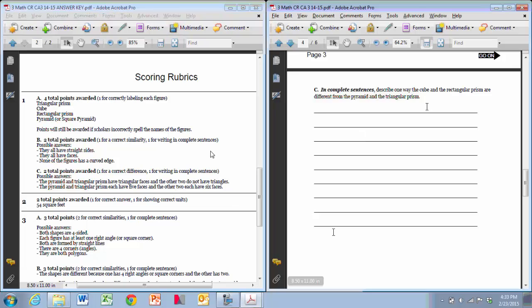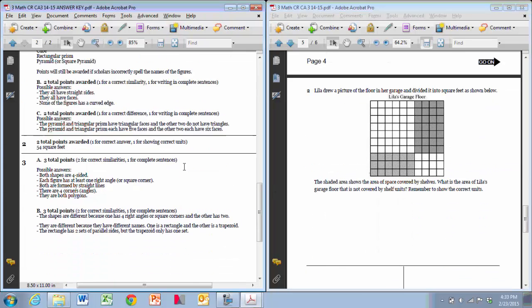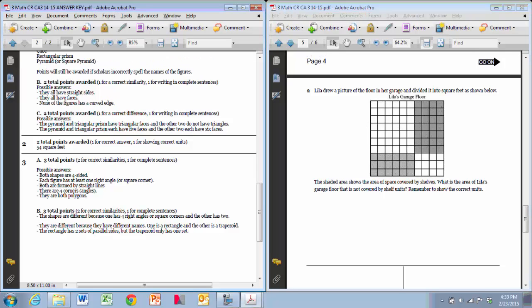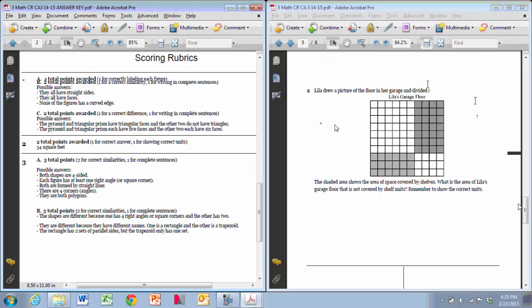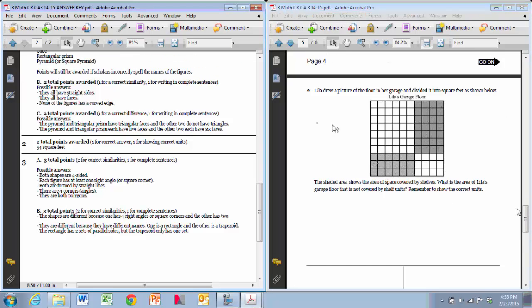So moving on to question number 2. Question number 2 is worth a total of 2 points. So it shows the floor of the garage and divided up. It says the shaded area is the area covered by shelves. What is the area not covered by shelves?